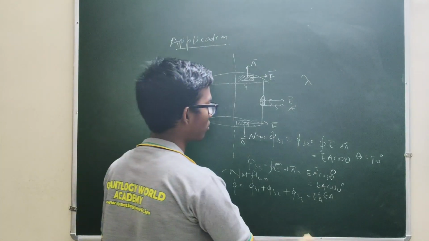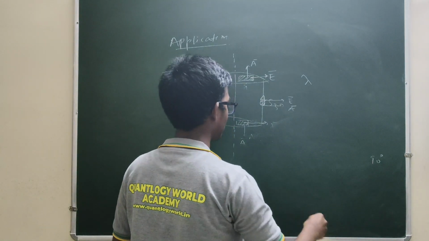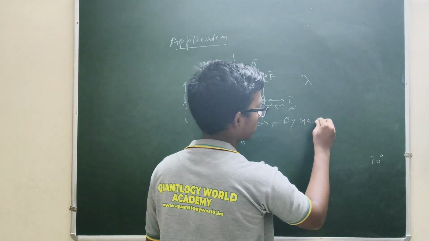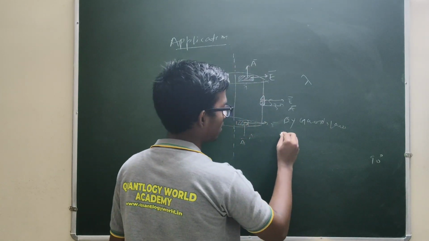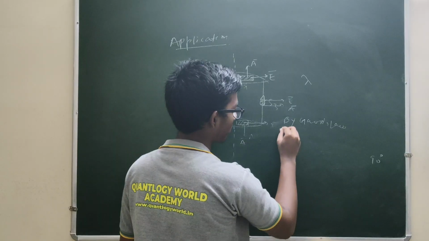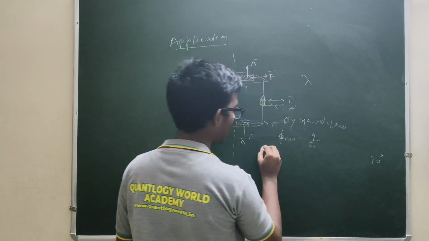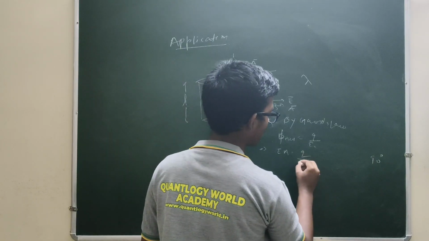Now by Gauss law, we know that flux phi net is equal to Q upon epsilon naught. That implies EA is equal to Q upon epsilon naught.